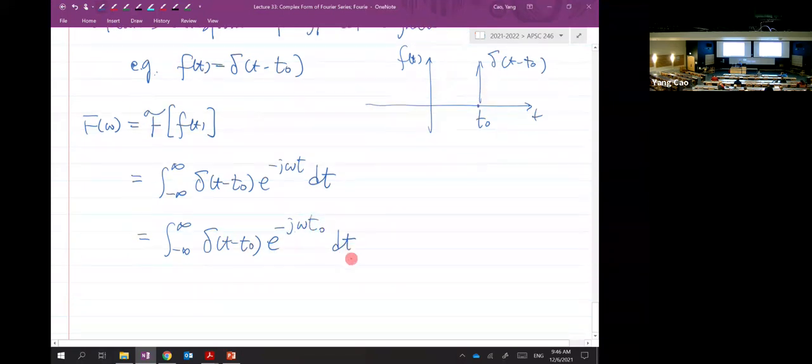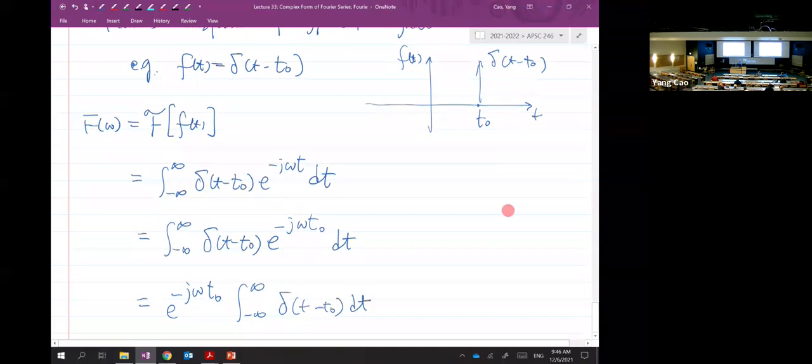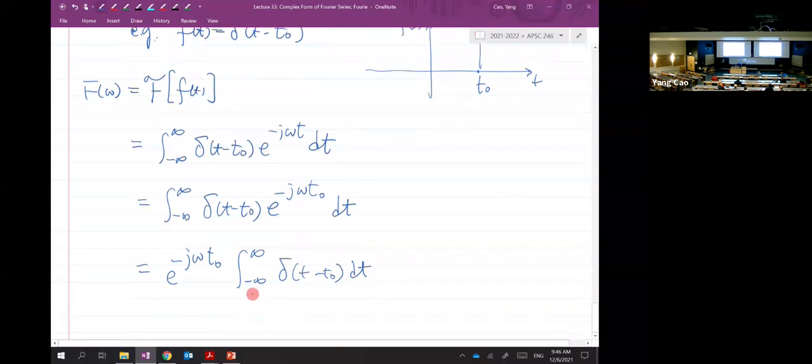Now this is not a function of t anymore, so you can take it out of the integral. And now finally, you're just integrating the impulse function from negative infinity to positive infinity.